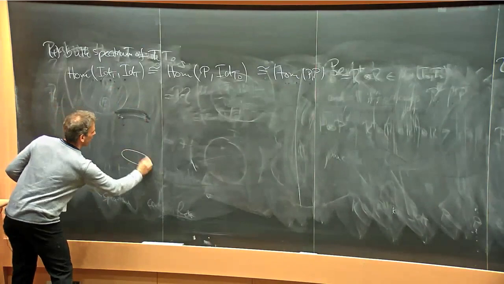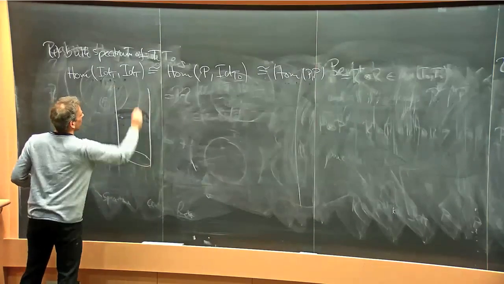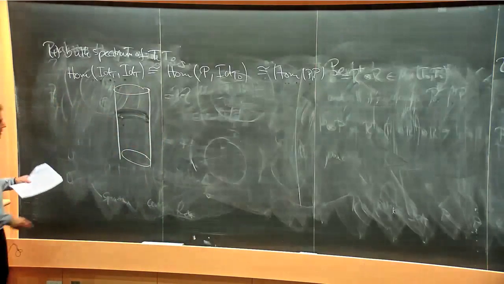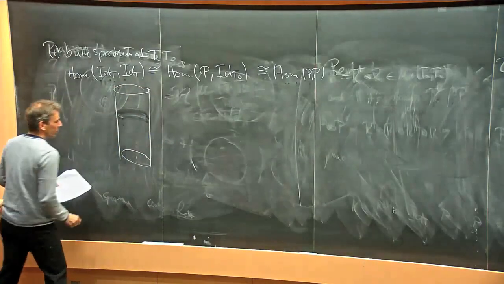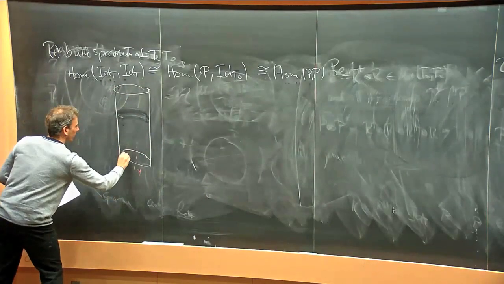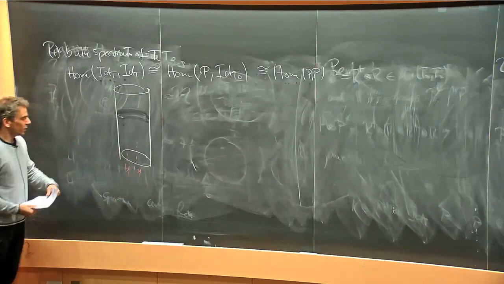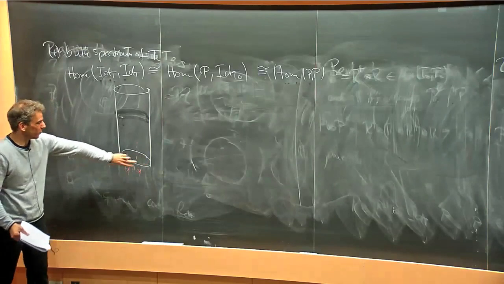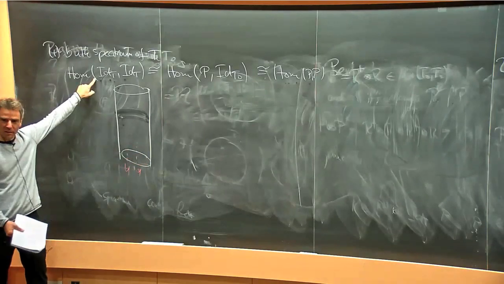Maybe I draw it a little bit bigger. So you start with the identity here and with the identity here. So this space which your TQFT functor associates to this interval is nothing but this space.